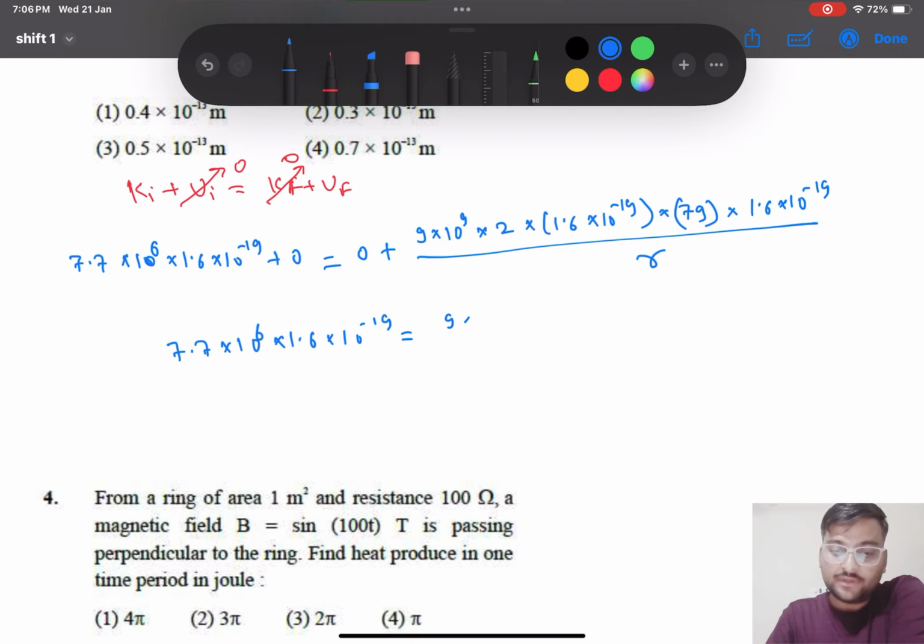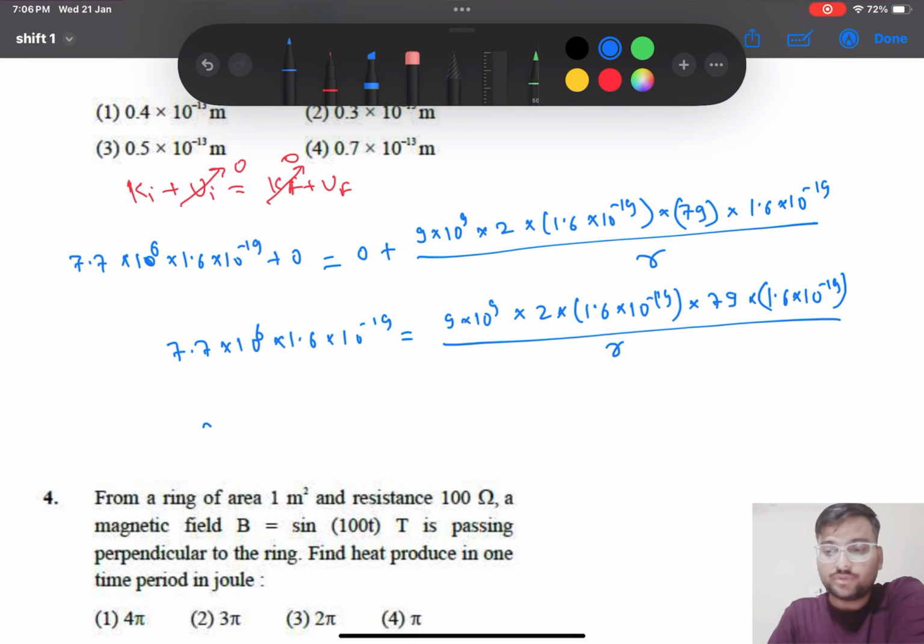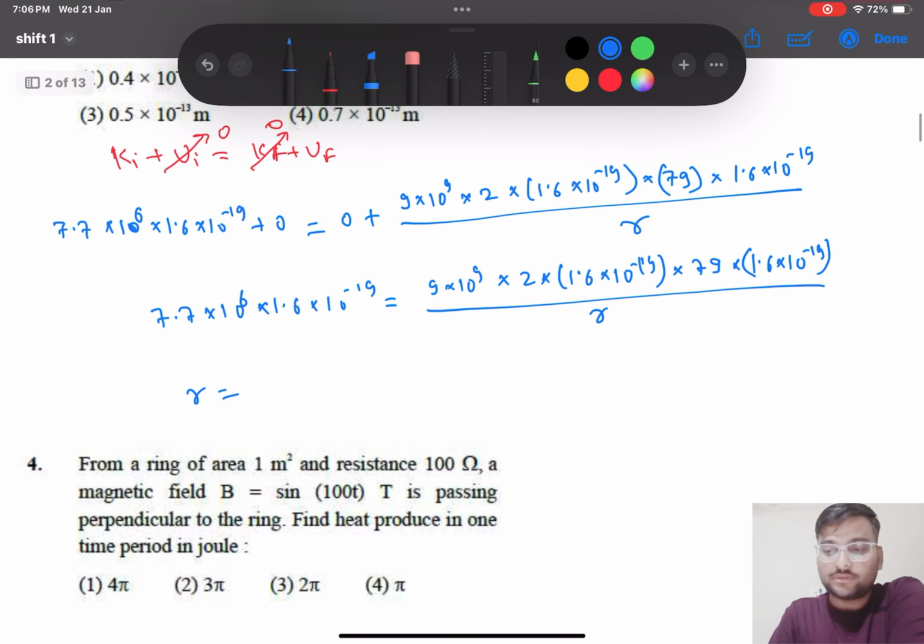After solving this part, we get 7.7 into 10 power 6 into 1.6 into 10 power minus 19 equals 9 into 10 power 9 into 2 into 1.6 into 10 power minus 19 into 79 into 1.6 into 10 power minus 19 divided by r.